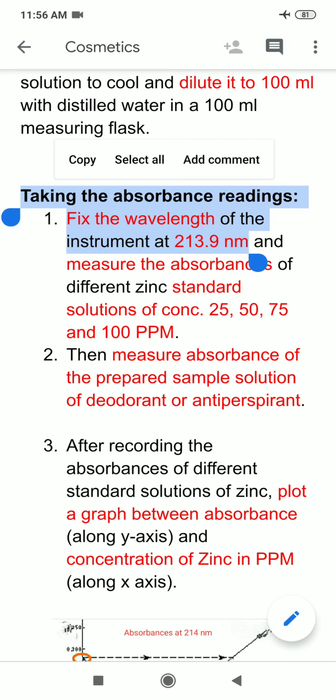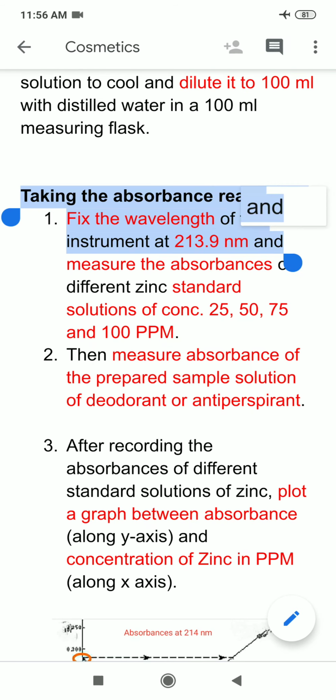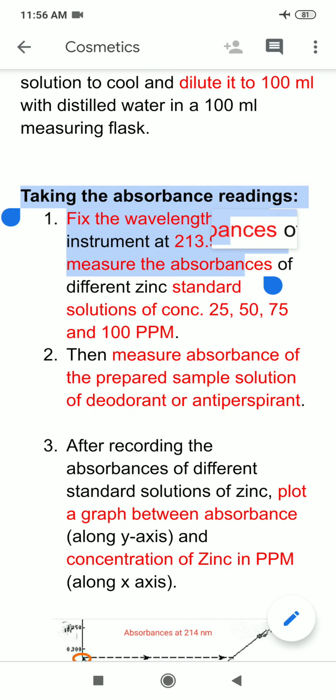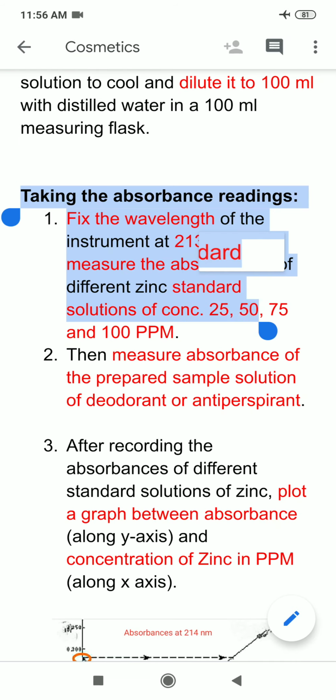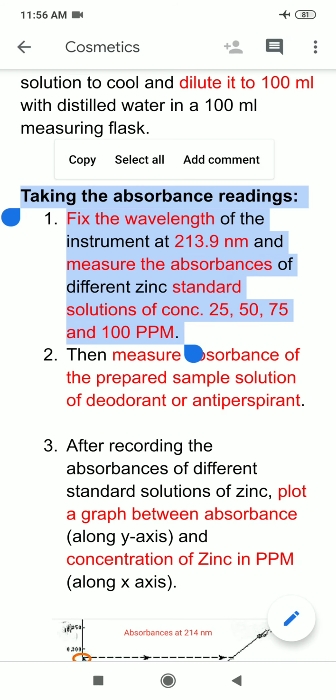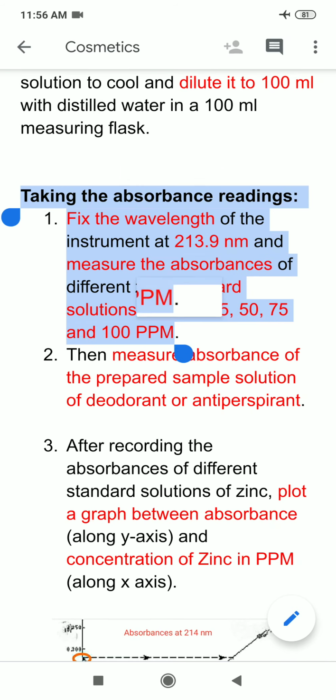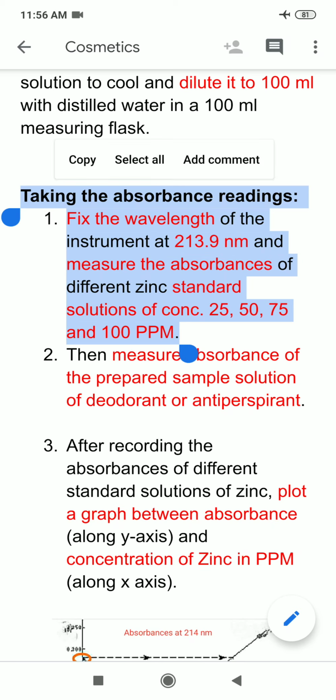Then after fixing the wavelength of the instrument at 214 nanometer, we will measure or record the absorbances of different zinc standard solutions of concentration 25 ppm, 50 ppm, 75 ppm and 100 ppm. Then we can record them in the table. In the first column you can write concentrations and in the second column you can write absorbances.